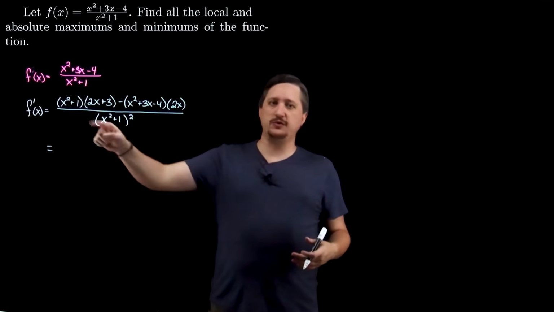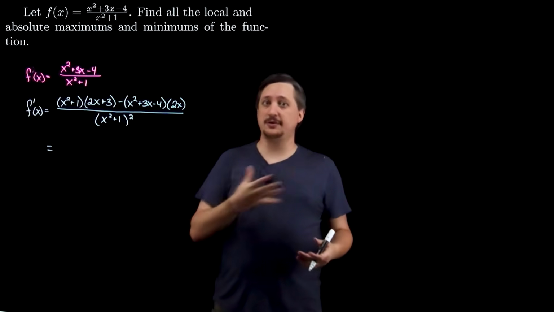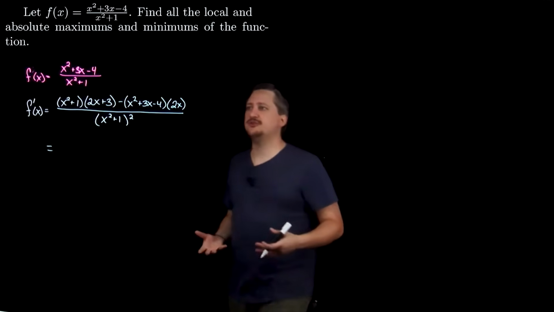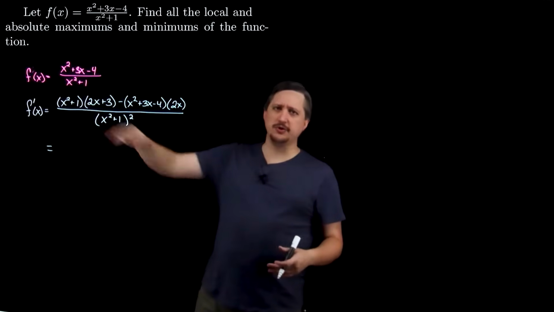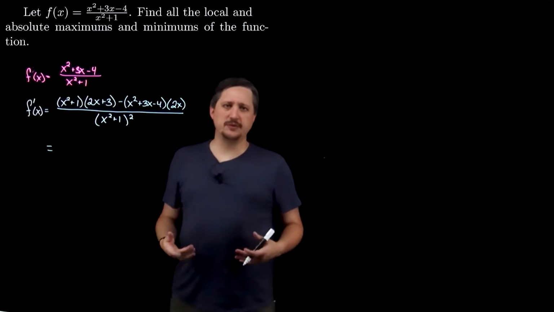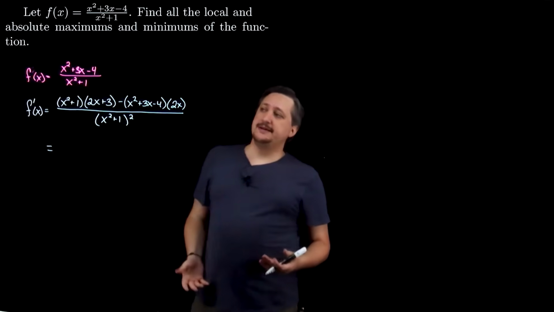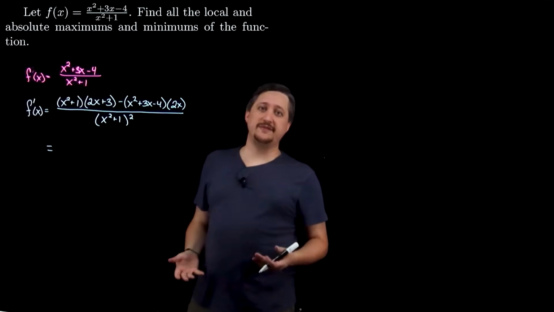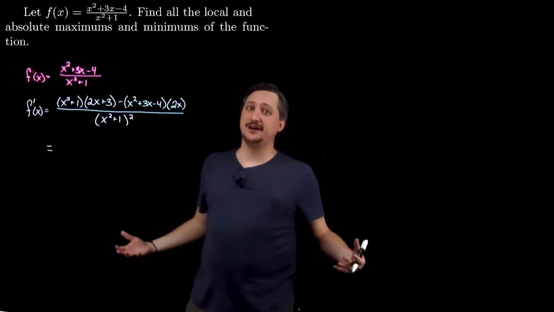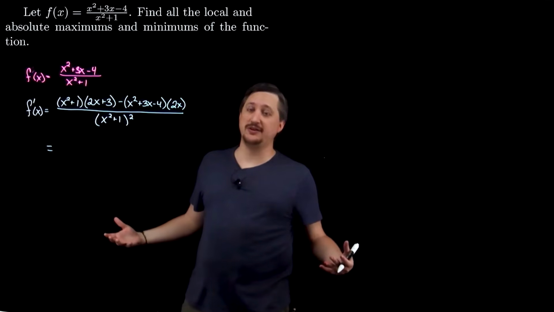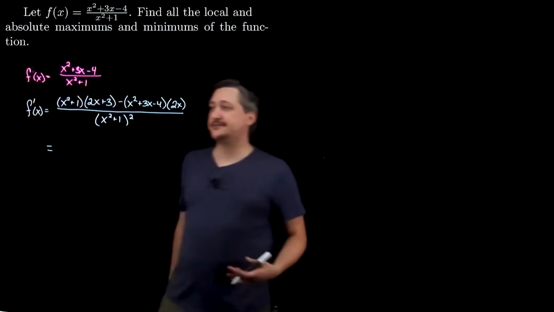So this bottom is always going to be at least 1, a positive number, meaning I don't have any domain restrictions from that. The top is a polynomial, albeit in a strange form at the moment, so I'm not going to have any domain restrictions there. But to be able to actually factor this thing, I need to expand everything out and combine like terms before I do anything else. So that's what I'm doing next.